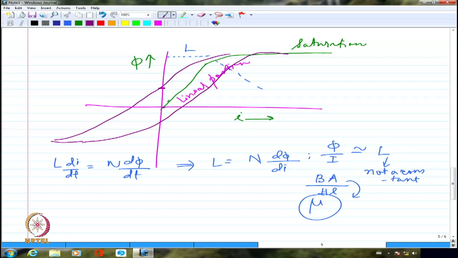Hysteresis means lagging behind. So the variation in the flux actually lags behind compared to the variation in the current. So this is essentially happening cycle after cycle when I am having a sinusoidal excitation or any kind of AC excitation that is given to the coil which is wound around an iron core.